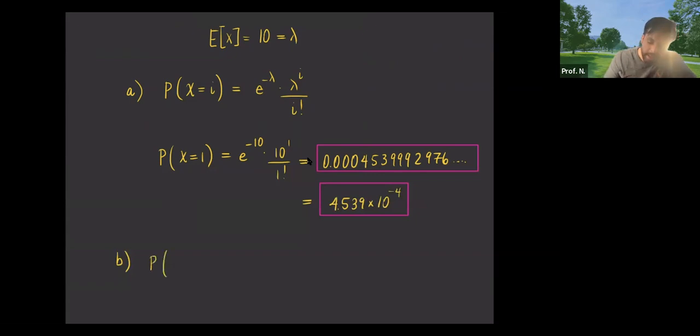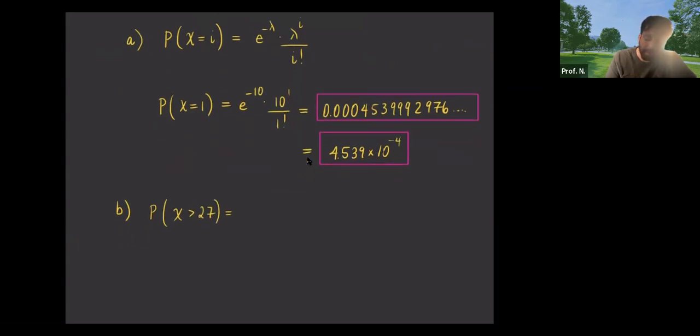I want the probability that X is more than 27, right? But then you want the complement. So you want 1 minus the probability that X is less than or equal to 27. I mean, pardon me, 26.